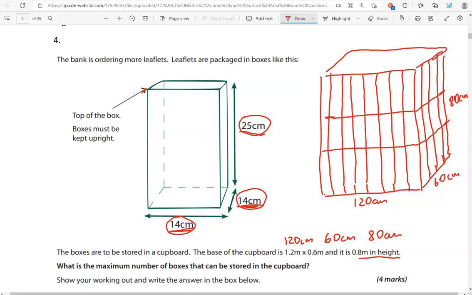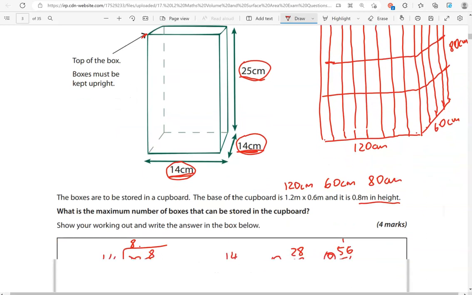So if you think of this as having 3 levels going up. At the bottom, we've got 8 times 4. So 8 times 4, that is 32.